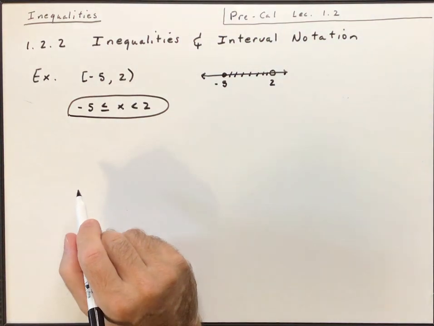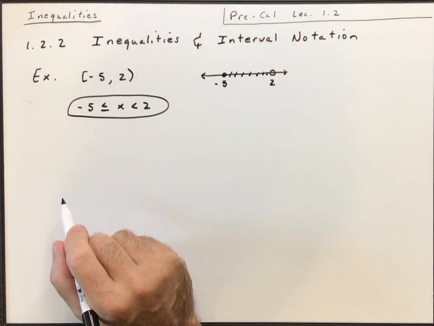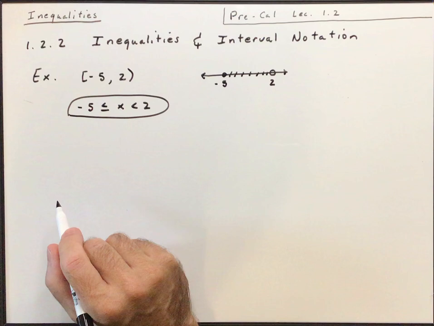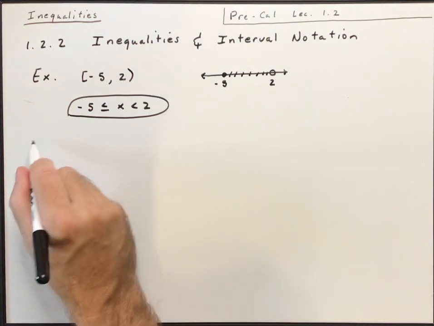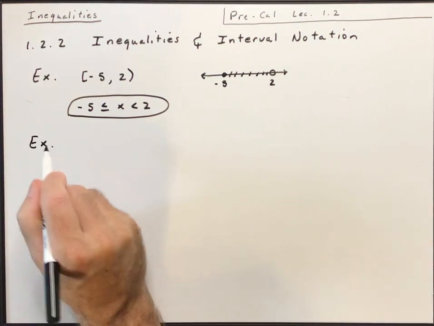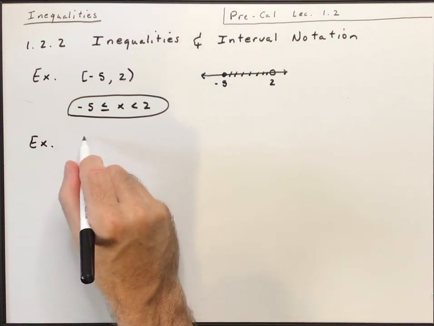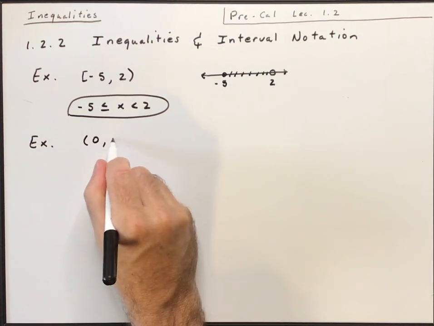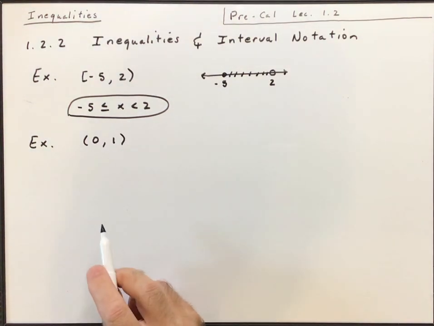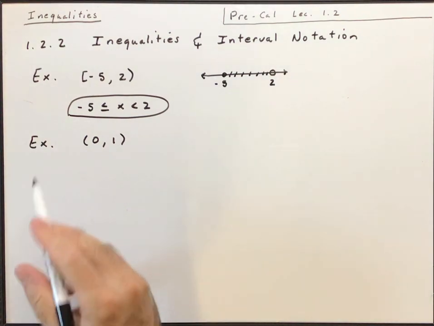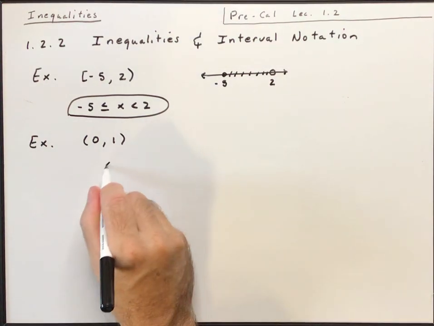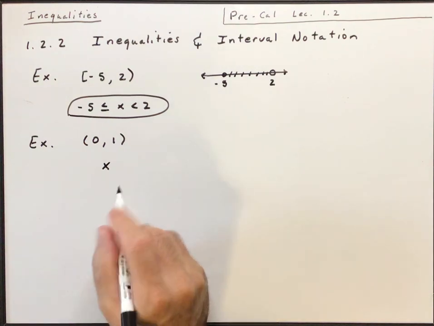So the homework asks you to go from interval notation to inequality notation and vice versa. Let's do one last example. Let's say you just have all parentheses 0 to 1. And I won't do a number line on this one. Just what is the inequality? So, you know, it's always got an x in it, right?